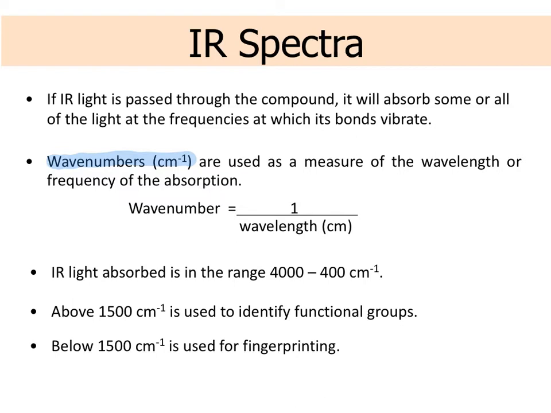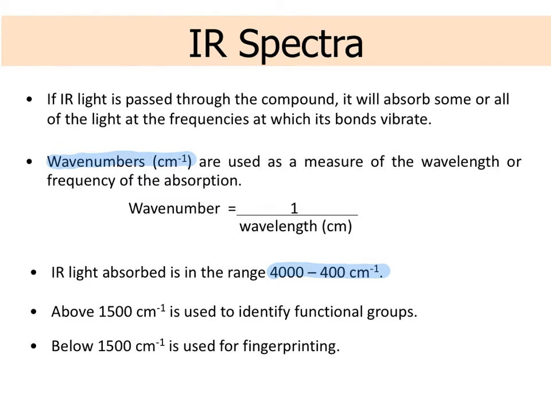The wave number is simply 1 over the wavelength of the radiation absorbed. And we'll find that our spectra is going to lie between 4,000 and 400 centimetres to the -1, though in fact we won't get anywhere near 4,000 to be honest.